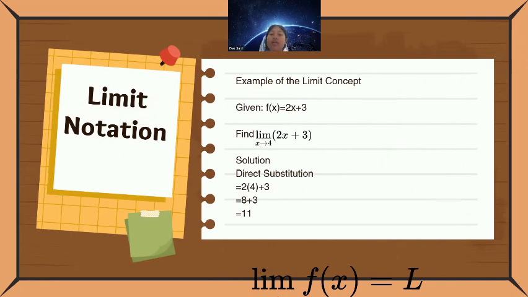So 4 plus 3 equals 7. Therefore, the limit of the function is 7. This example shows that polynomial functions usually have limits that can be found using direct substitution.